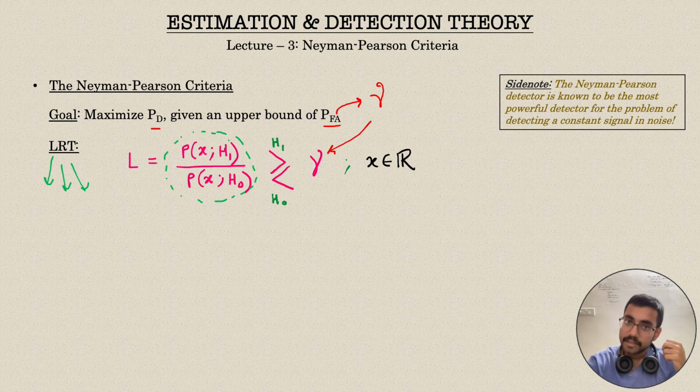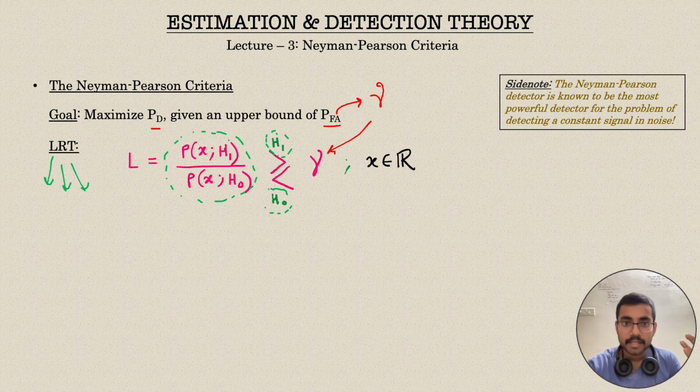If this ratio is greater than the threshold, we throw it into the region H1, the hypothesis H1, and if it is less than gamma, the threshold, we throw it under the hypothesis H0. So this is our entire criteria. This is the Neyman-Pearson criteria. Simple but very elegant.